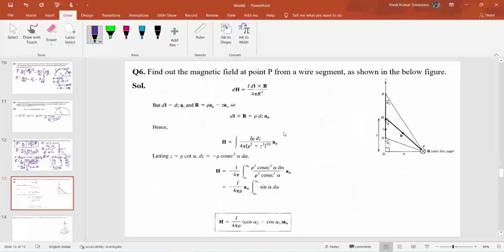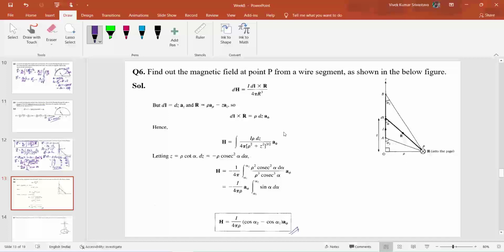Once you integrate this, you will find the expression that the magnetic field generated at this point, which is into this page, is defined as H is equal to I by 4 pi rho, cos alpha 2 minus cos of alpha 1, into a phi. So this is the expression of the magnetic field, or say magnetic field intensity, generated by this line segment.